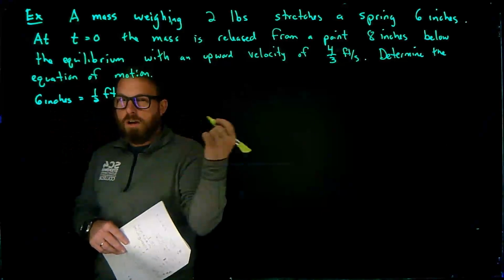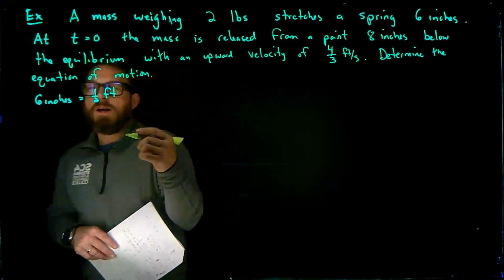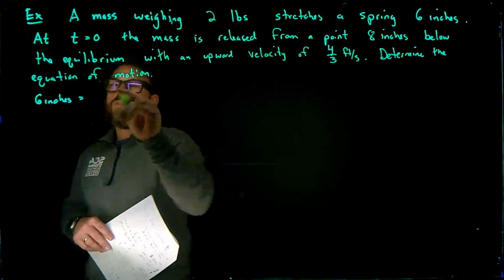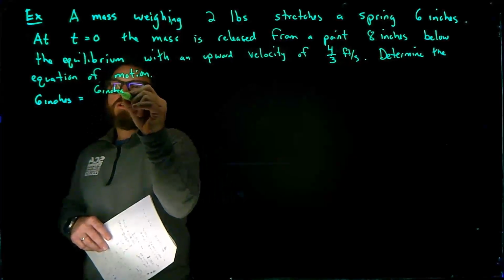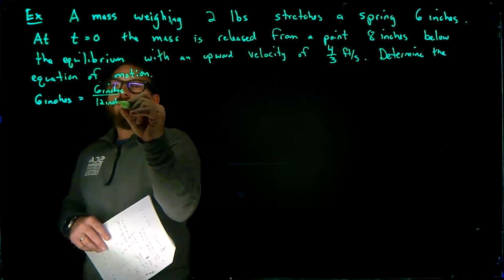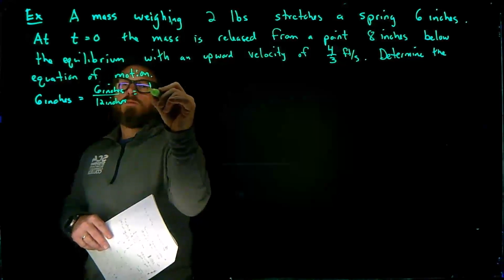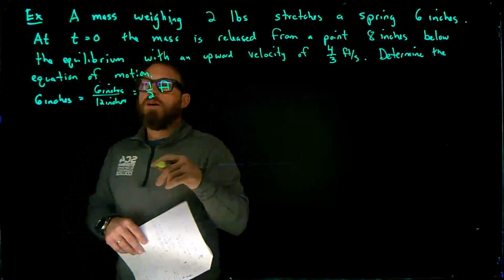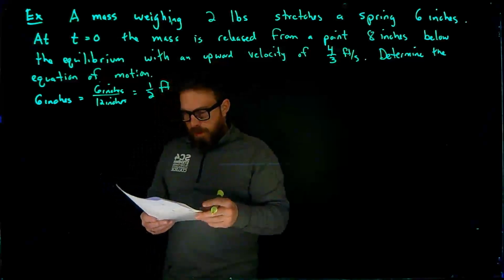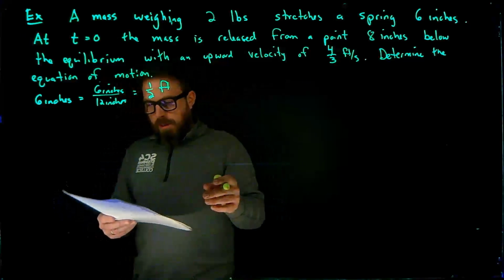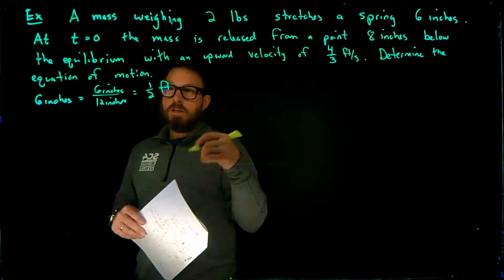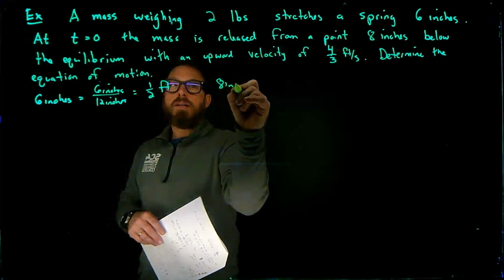That's why 6 inches is 6 of 12 inches, which is why it's half of a foot. So this is 6 inches divided by 12 inches. That's why this is equal to 1/2 of a foot. Now, very similarly, we can say that 8 inches is 2/3 of a foot.